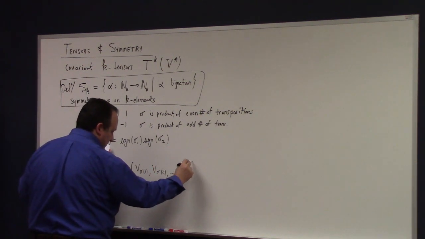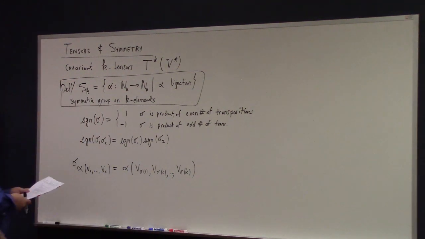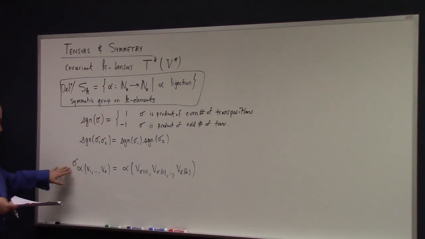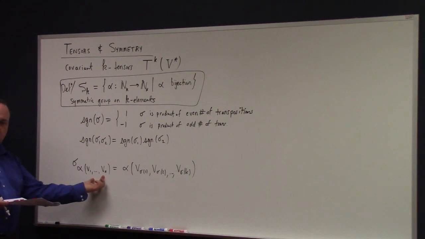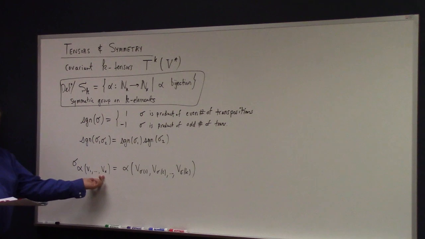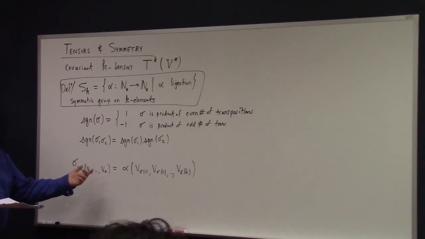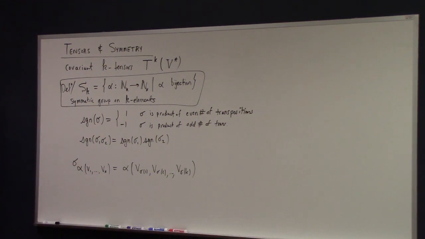So what it's doing is shuffling the inputs to alpha according to the permutation sigma. All right, it's shuffling the inputs.